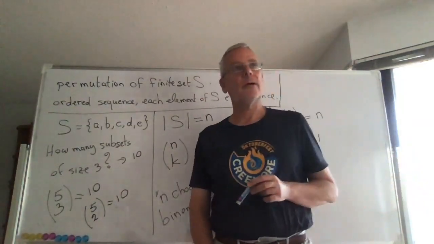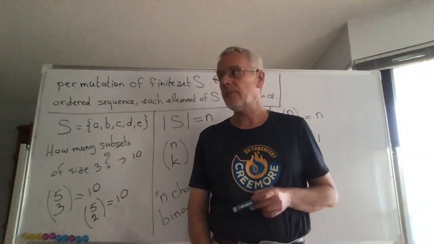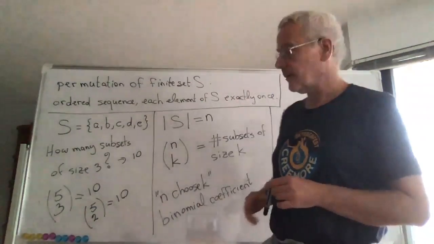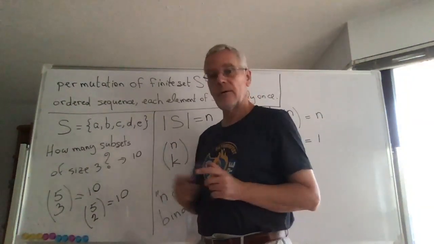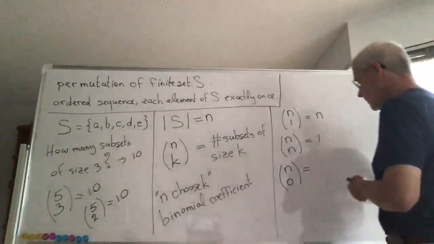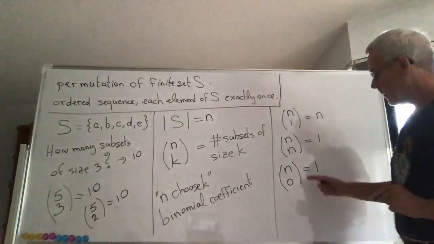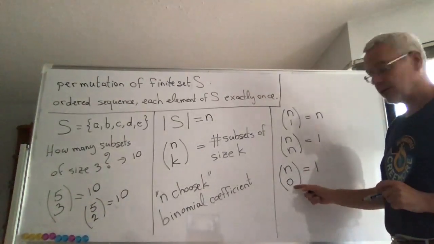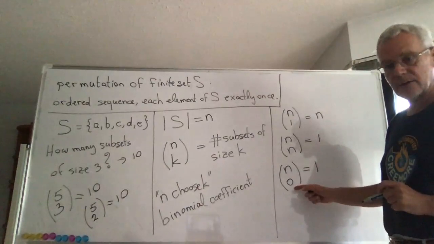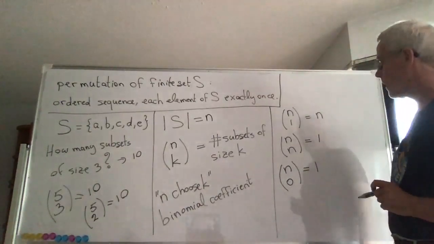Well, there is only one subset of size 0, namely the empty set. So n choose 0 is equal to 1. We have a set of size n, and we want to choose a subset of size 0, and the number of ways to do this is 1.